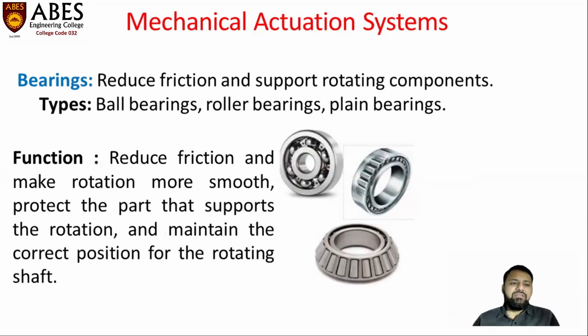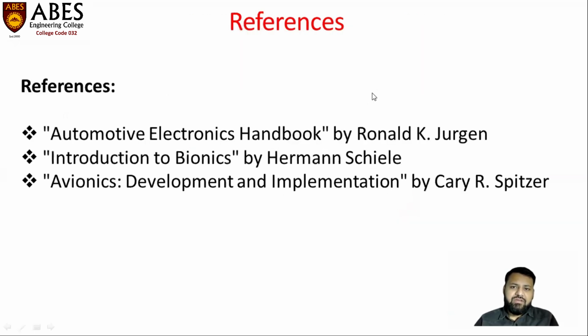After that, last, we need to see the bearing. It is also a part of the actuation system basically. This device is known as the bearing. Hope everyone has seen these kinds of devices somewhere.